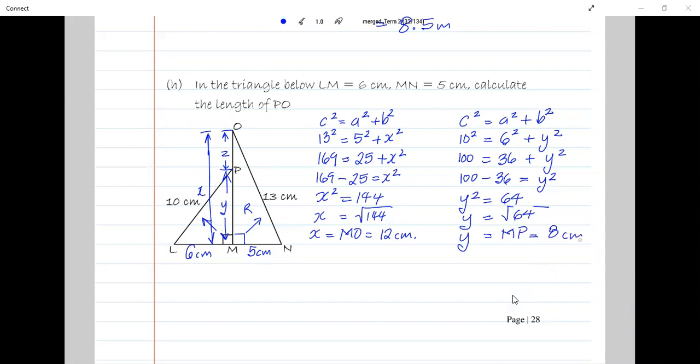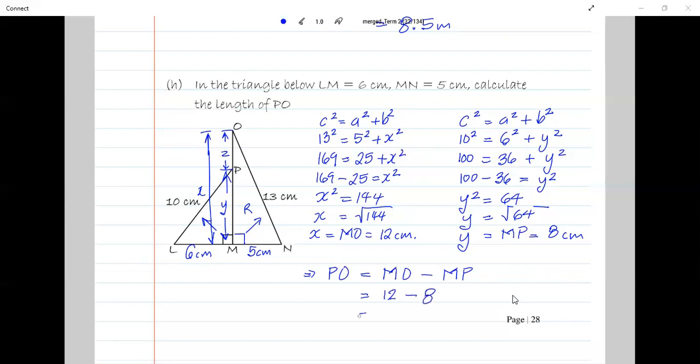centimeters. Now, from M to O is 12. From M to P is 8. Therefore, PO, which is what we're asked to find, is equal to MO minus MP, which is equal to 12 minus 8.